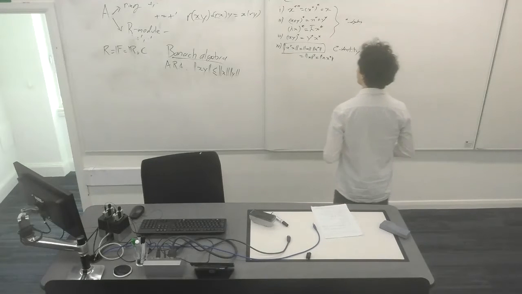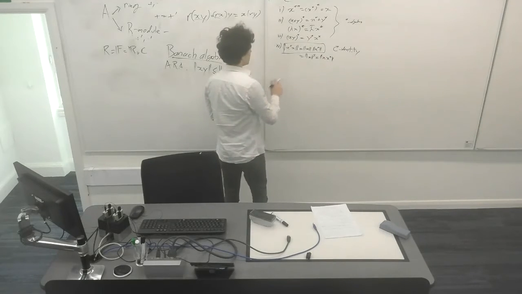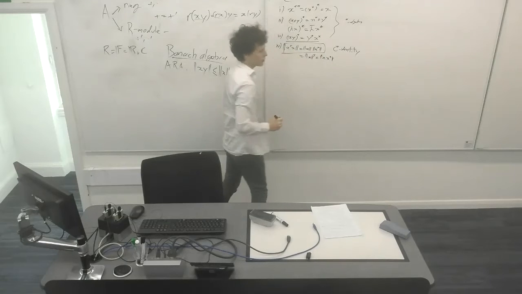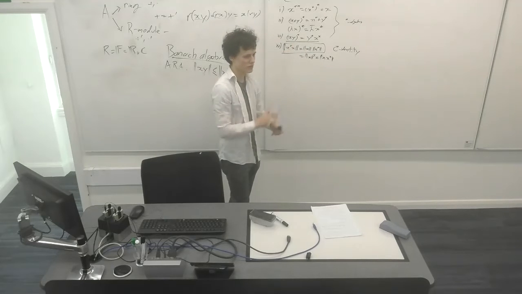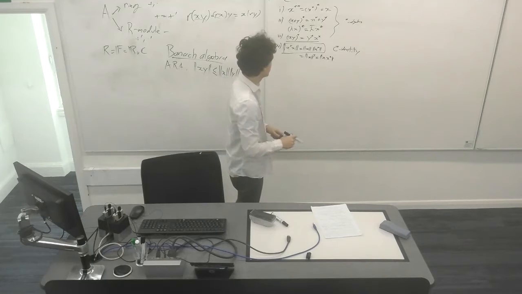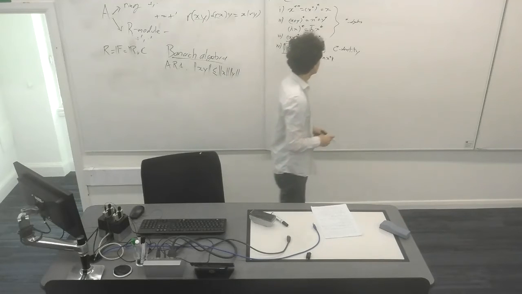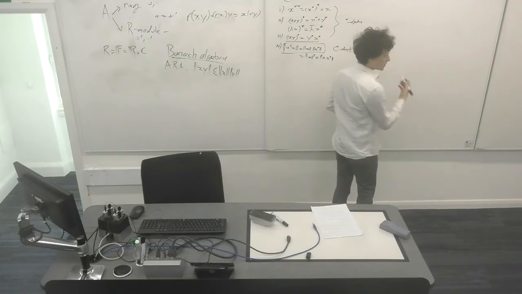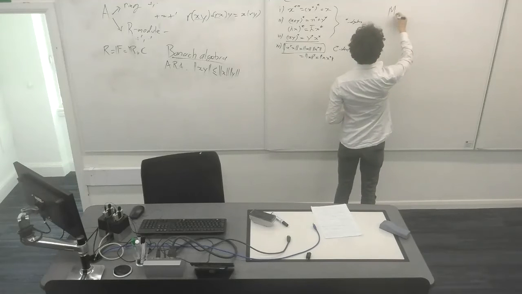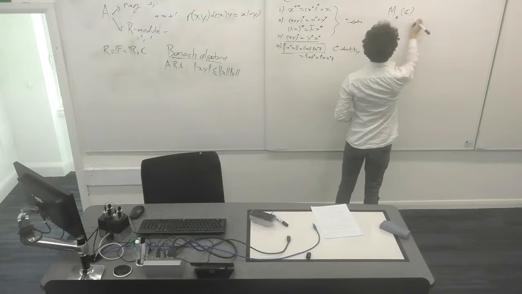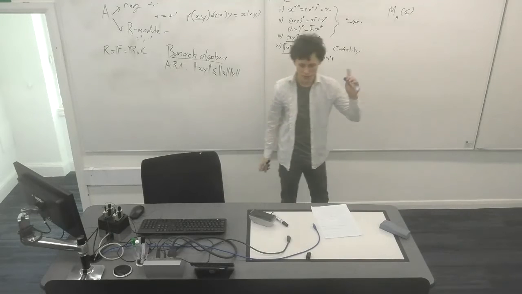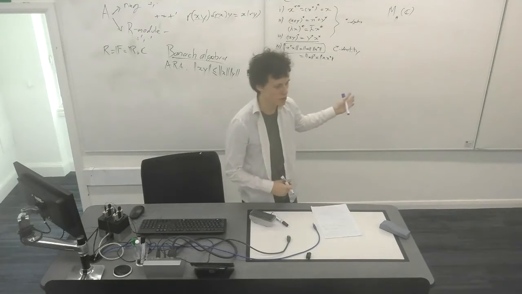You might have seen this property somewhere, I suppose, because an example of this algebra which you've all seen is M_n(C), the space of n by n complex matrices.